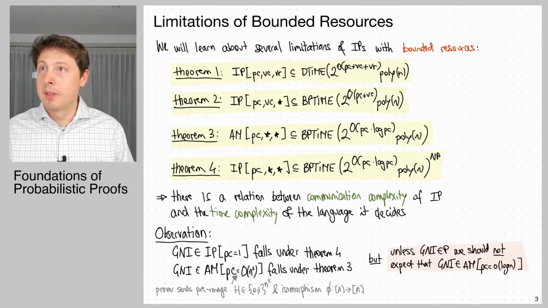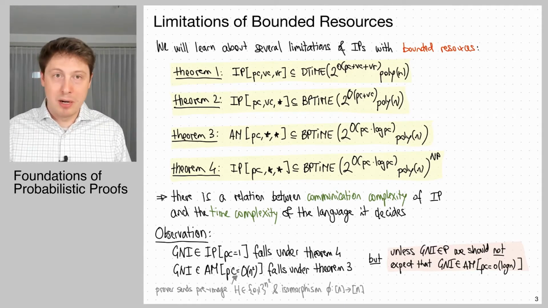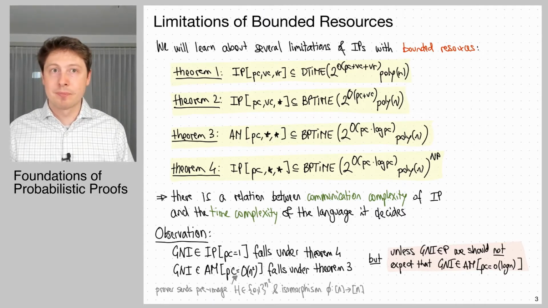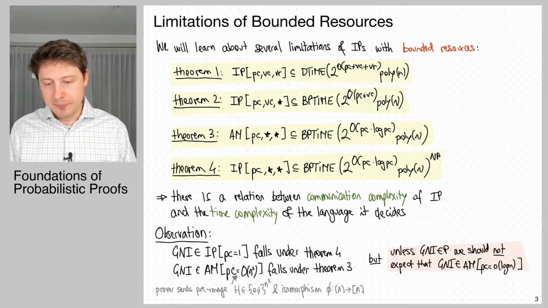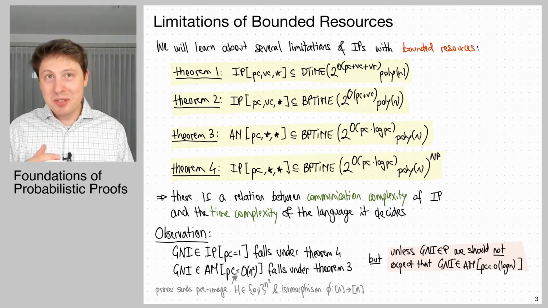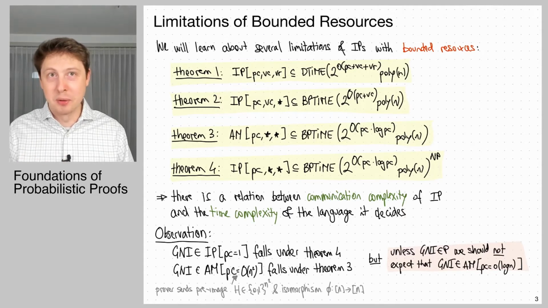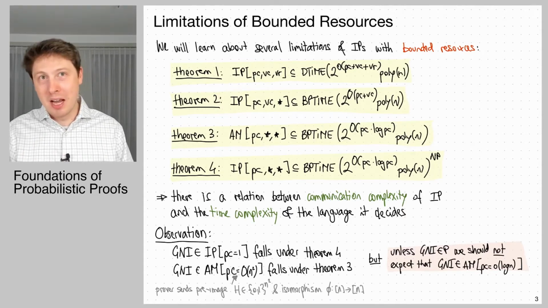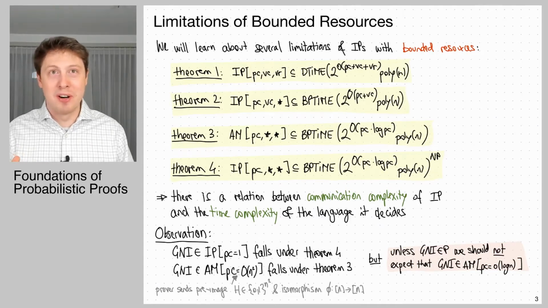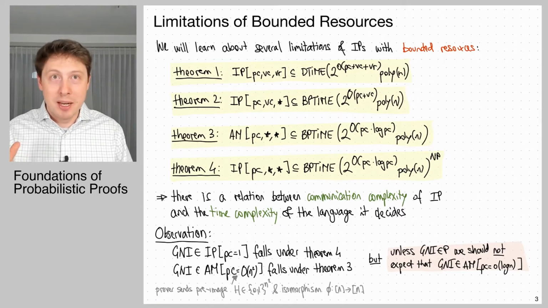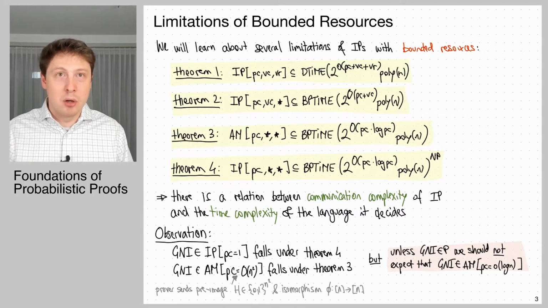Any other questions at this point? Because we're about to jump into theorem 1. But I have to say, it's a bit annoying. These results are mostly bad news. In all of the lectures so far, we were basically saying, oh, look, interactive proofs are so strong. GNI, coNP, PSPACE. Oh, private coins don't even matter.